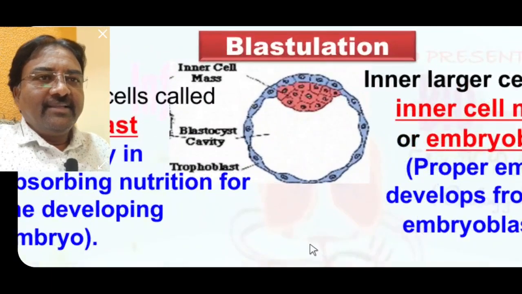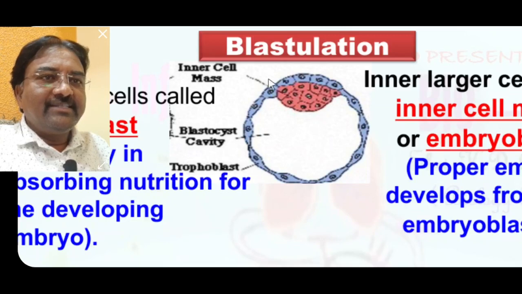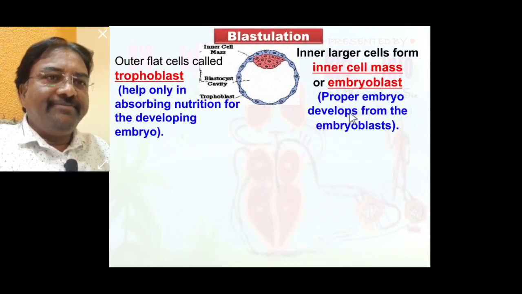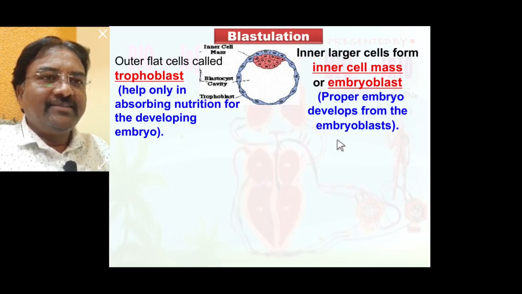Seen here, this is the inner cell mass, larger cells. Why is the inner cell mass called the embryoblast? Because the inner cell mass, the embryoblast cells, form the proper embryo. So it is called the embryoblast.